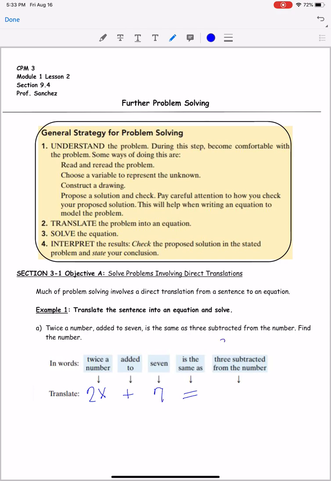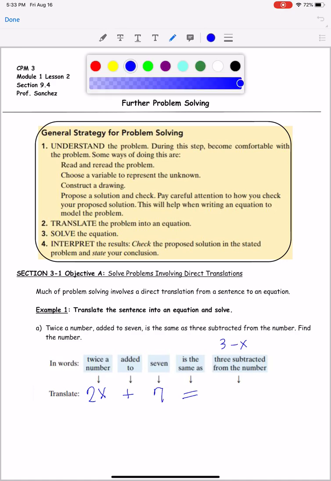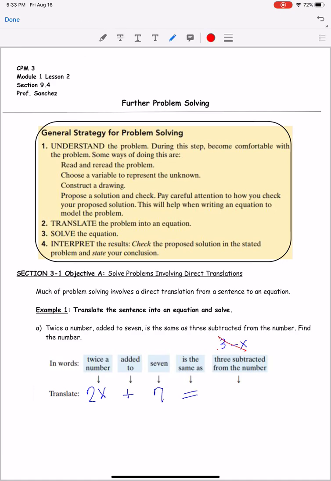So we almost want to say that it's 3 minus x, but that is not the case. Okay, so remember what that from is kind of your starting point. So when it says from the number, that means we need x first, and we're subtracting 3 from that original number. So it's x minus 3, not 3 minus x.